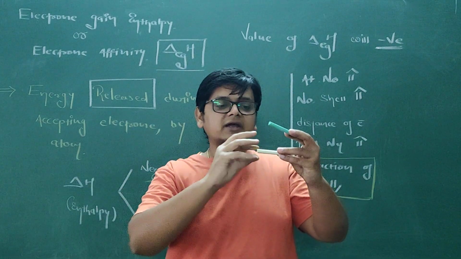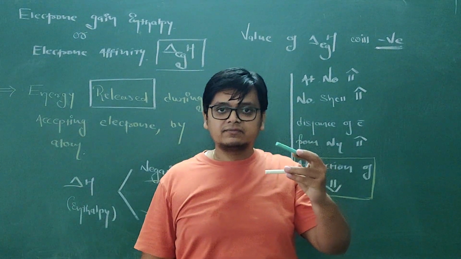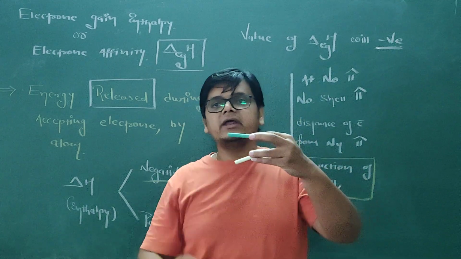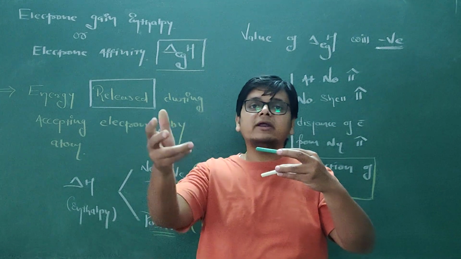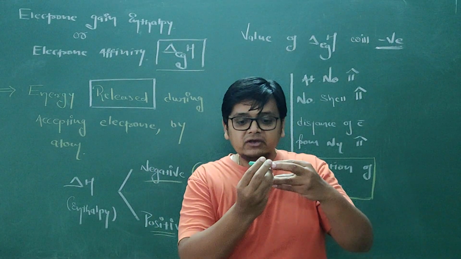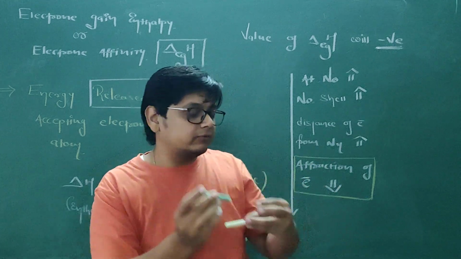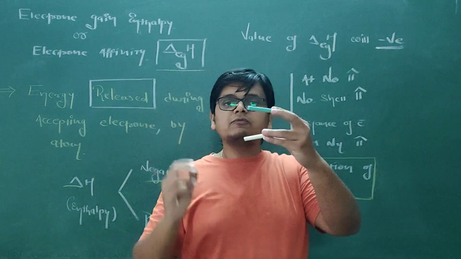So when we provide an electron to this element, what will happen? It will release less energy. Okay, so this element is releasing more energy. What does it mean? The value of electron gain enthalpy for this element is more negative, releasing energy, exothermic.